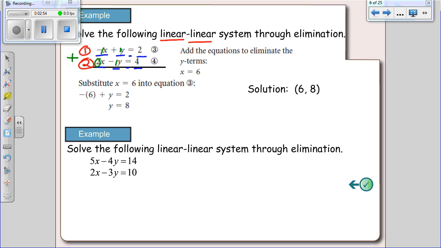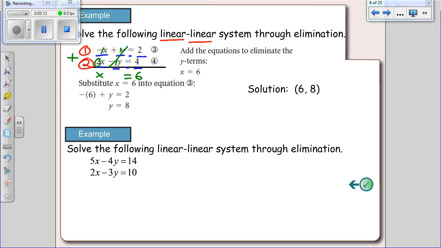When you add the two equations, you're going to have negative x plus 2x equals 1x. You're going to have y plus negative y equals nothing. They cancel out. The equal sign is still there. 2 plus 4 is 6.